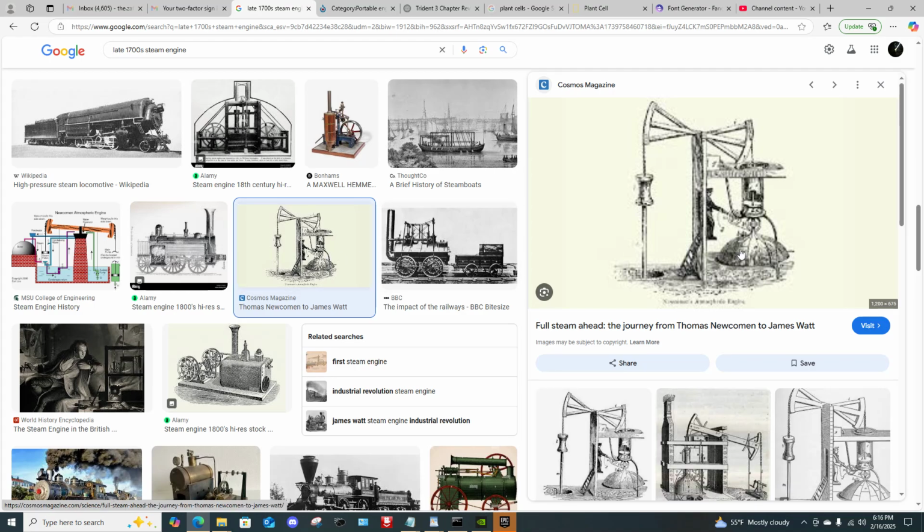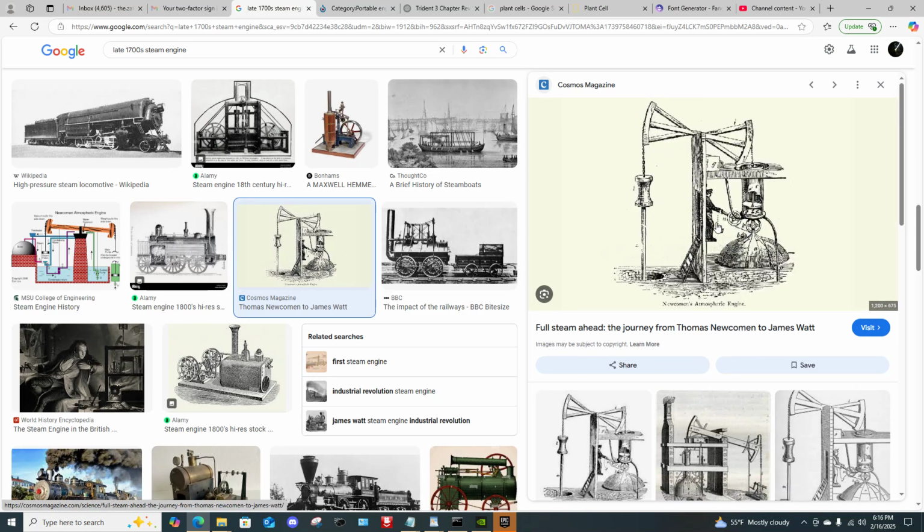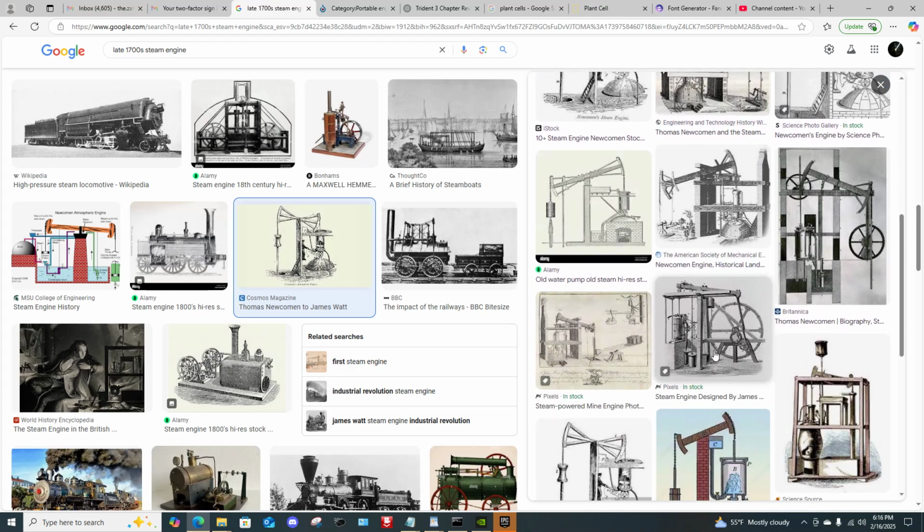This was the first design that wasn't mobile, when you had a basic steam driven piston like this that would drive these two teeter totter weights here up and down. And these were the first steam engine designs.